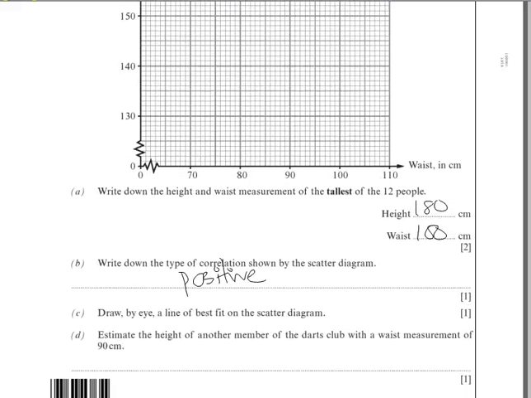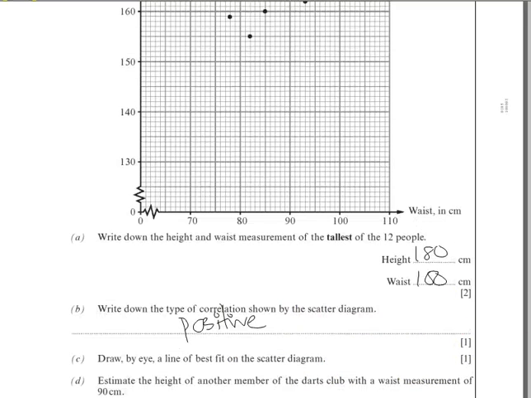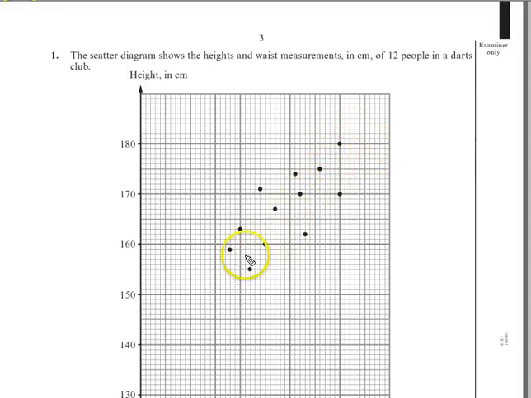Good. Next bit. Draw by eye a line of best fit on the scatter diagram. Now I'm going to find that tricky with this software. You should find it a lot easier if you have a transparent ruler, because you can see either side of the ruler line and get roughly the same distribution on one side as the other. So I'm going to try and find some sort of point in the middle.